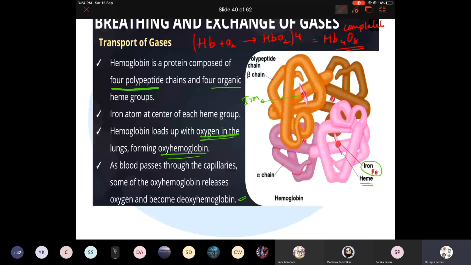Completely saturated. Understood? Any difficulties there?